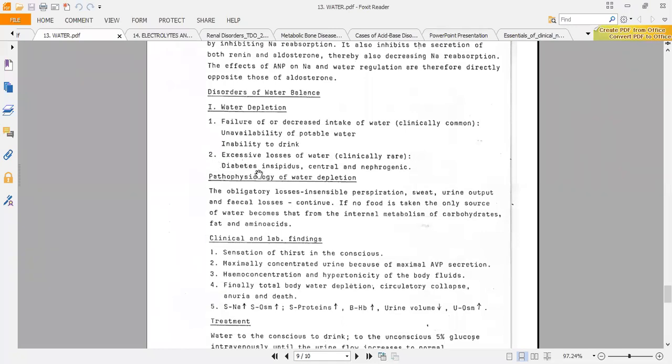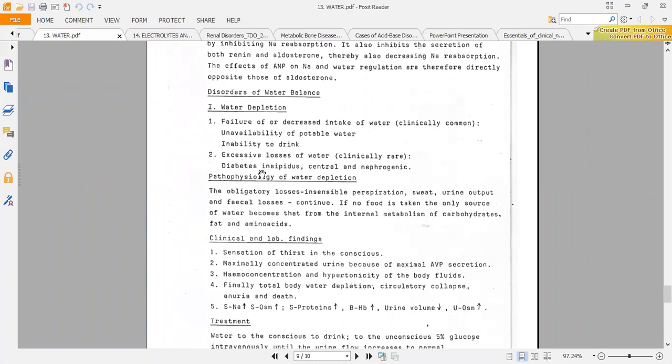Okay, and then the second is when you are losing a lot of water. Okay, so we have a condition called diabetes insipidus. So for diabetes insipidus, what is happening is that you are not producing vasopressin, you're not producing ADH.